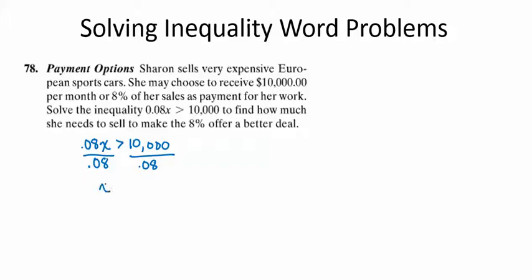We're going to divide each side by 0.08, and we end up with $125,000 in total sales, in order for the 8% of total sales to wind up being a better deal for her. So let's go on to the next example.